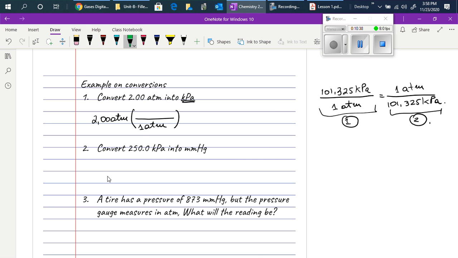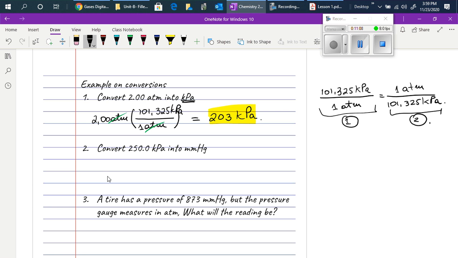So we need atmosphere at the bottom, and this will be 101.325 kilopascal. The units we end up with will be kilopascal. Keeping in mind the significant digits, the pressure of 2.0 atmosphere is 203 kilopascal.